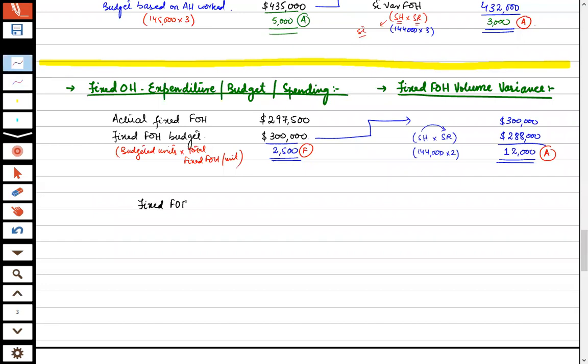Fixed FOH budget, we had calculated 300,000. There will be a capacity variance, and we will compare it with fixed FOH based on actual hours.